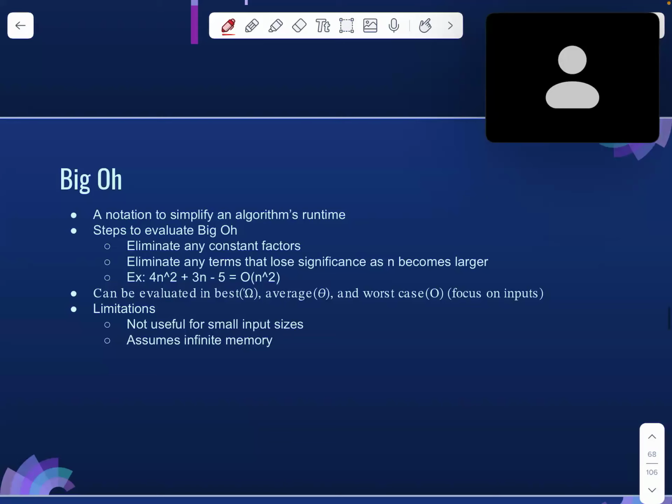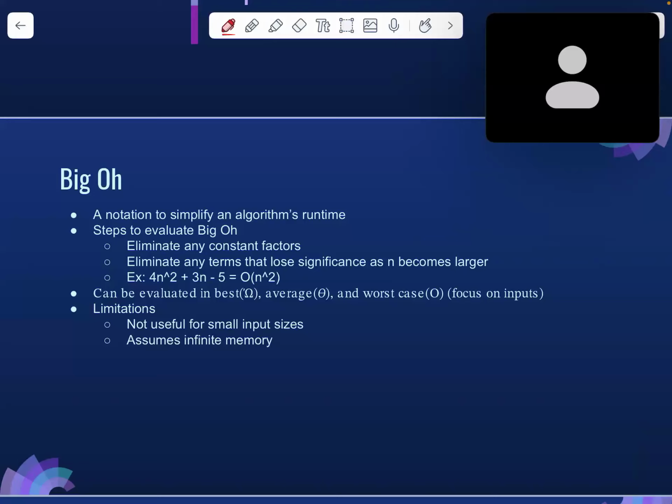Some things about big O notation is that it's really simplified. When you look at it, your runtime in terms of n could be a very complicated equation. But in big O, a lot of that is irrelevant to the actual runtime.